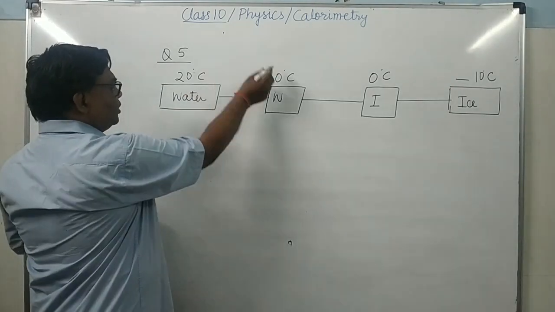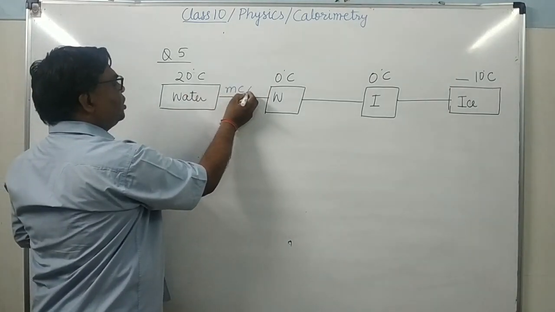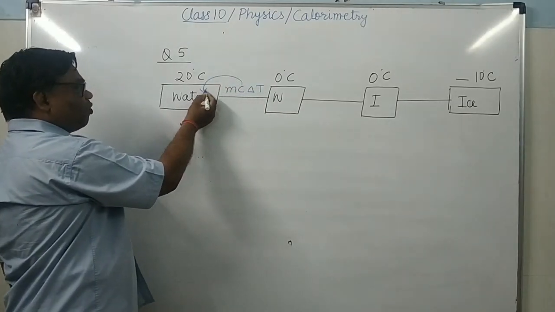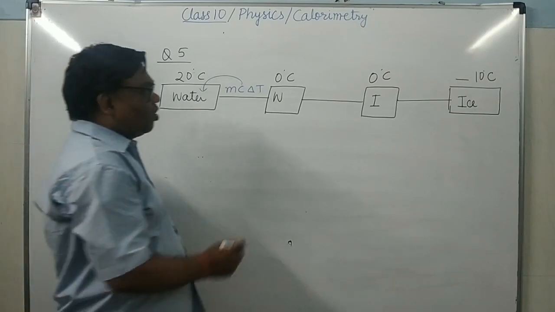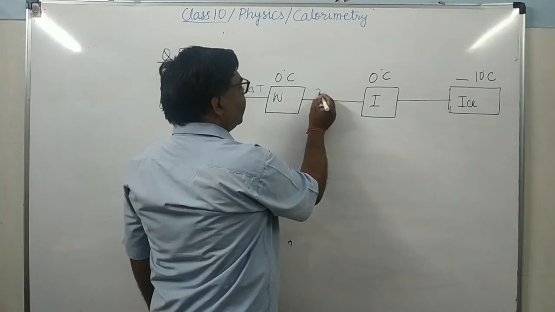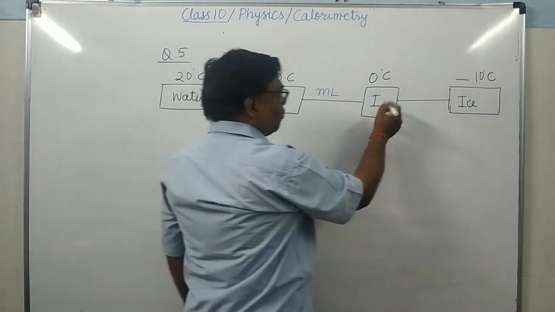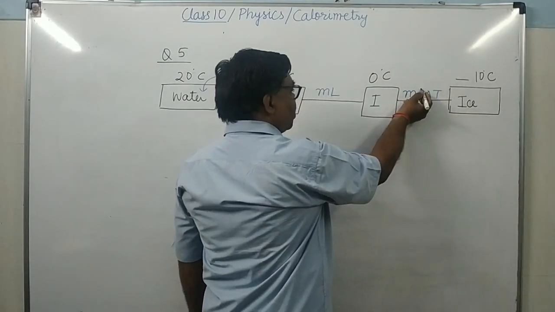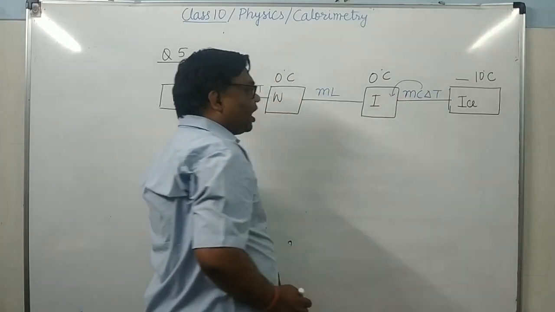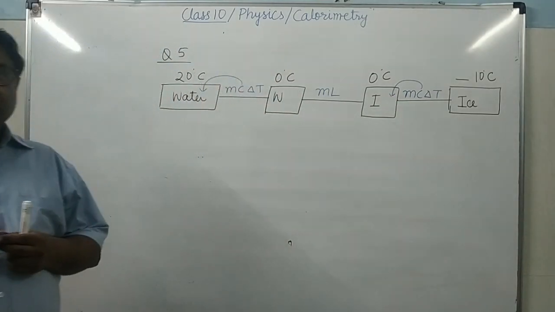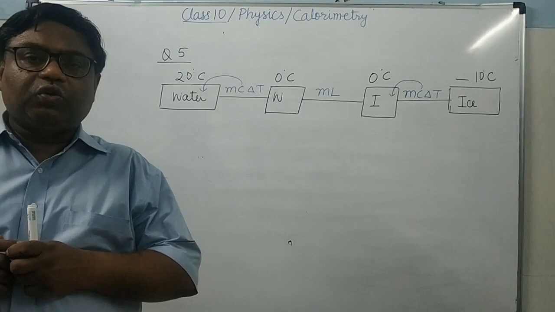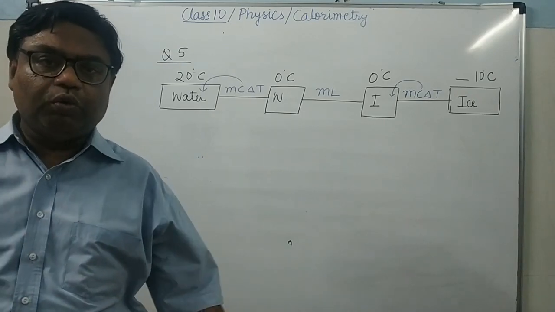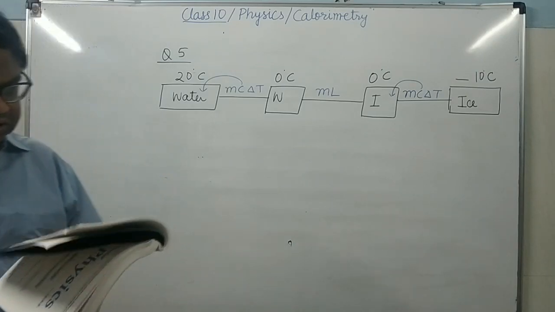Here temperature is changing, therefore m into c into delta T, but now we will take c of water. Now here is a change of state, so ml, and here once again m into c into delta T, but now we will take c of ice. So the c of water is 4.2 joule per gram per degree Celsius, ice 2.1 joule per gram per degree Celsius.